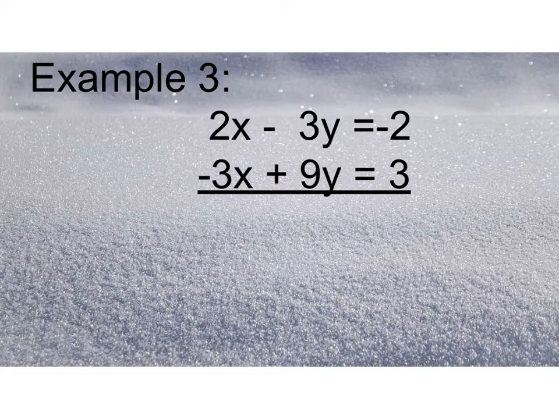Okay, our last example. Now we're looking at our coefficients for x and y to see which one would be the easiest where we can make it become 0 to use our elimination method. Well, we're going to look through here. We have 3, 9, and 3, and we have 2, 3, and 2.